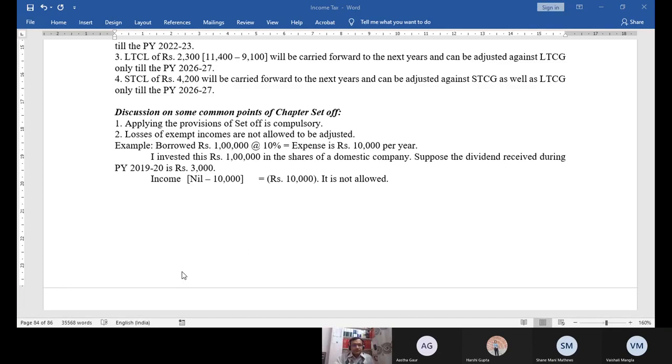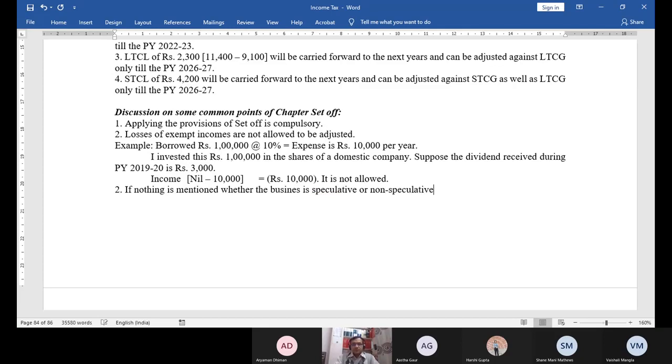Third point. If nothing is mentioned whether the business is speculative or non-speculative, as a convention, normally what do we assume?